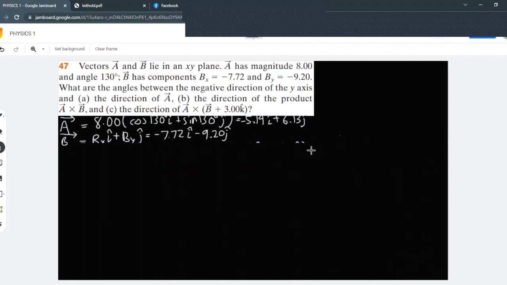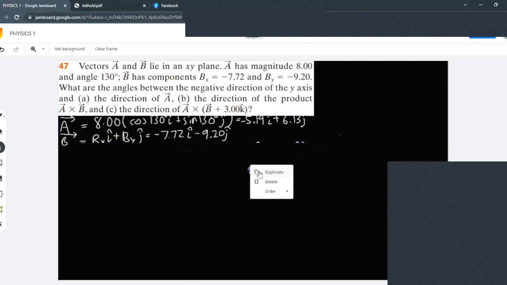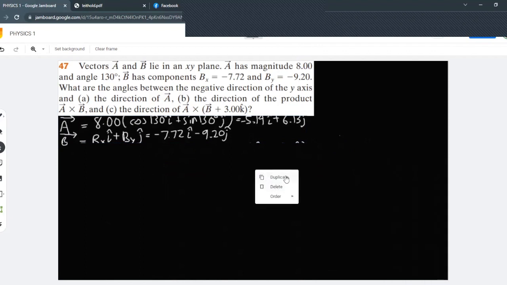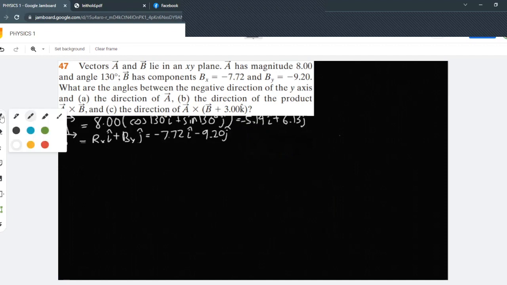Okay. Angle between the negative direction of the y-axis and the direction of A. How do you get it using a dot product? So, yung negative direction of the y-axis is negative j hat.